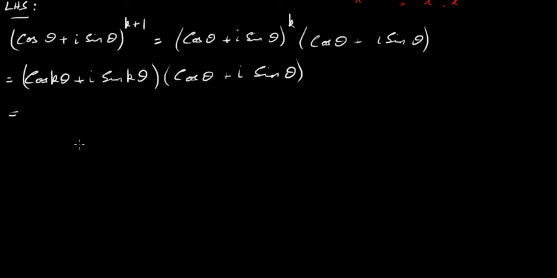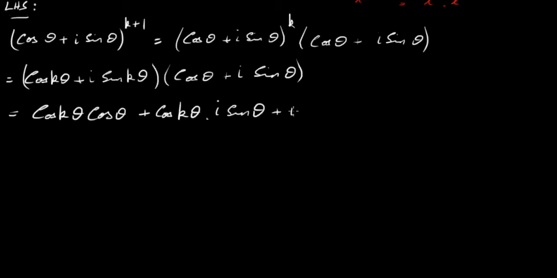Well, we end up with cos k theta multiplied by cos theta, plus cos k theta times i sin theta, plus i sin k theta multiplied by cos theta.